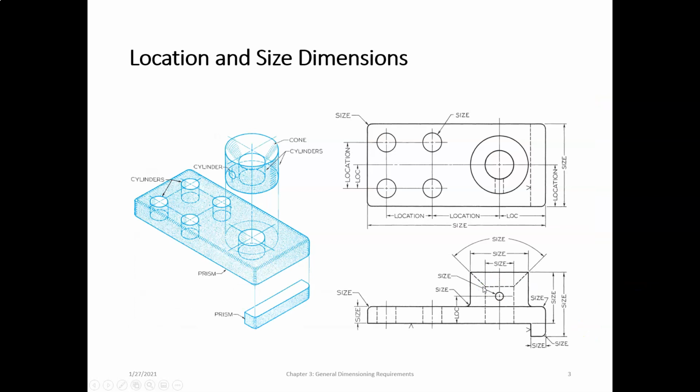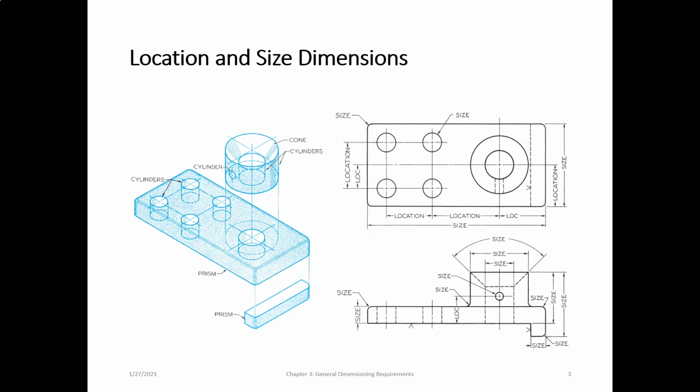So when we talk about location and size dimensions, or size and location dimensions, it helps to see the part as being composed of different three-dimensional geometric primitives, okay? And we can define these primitives.